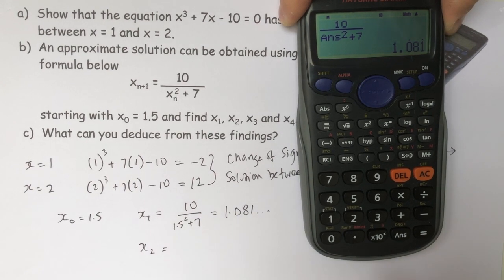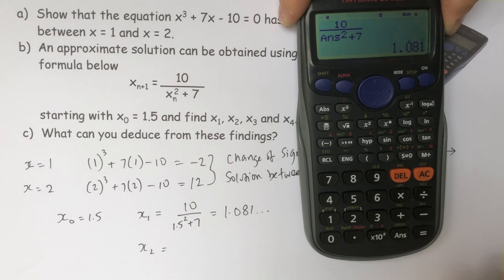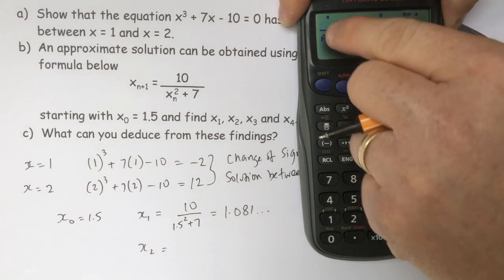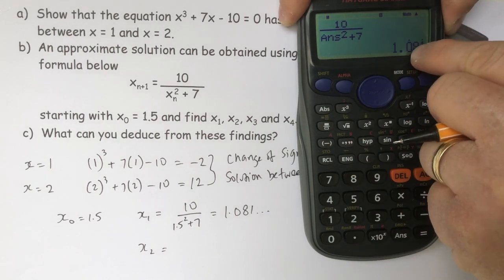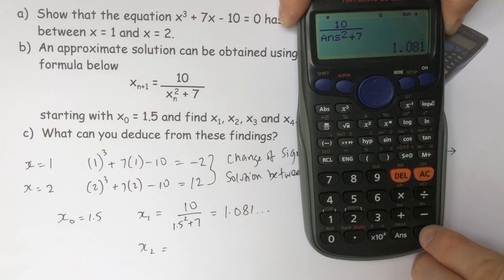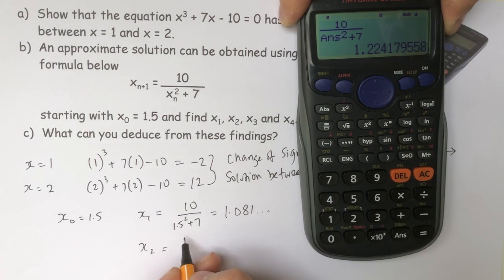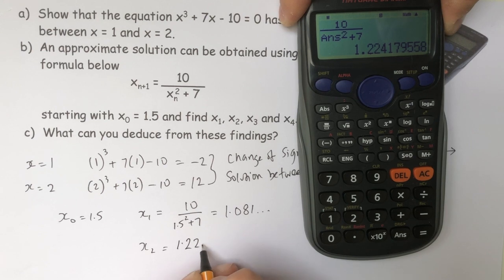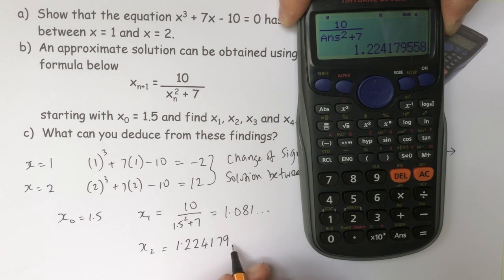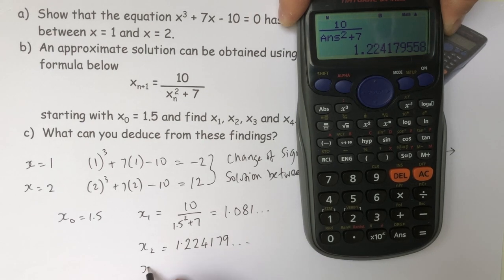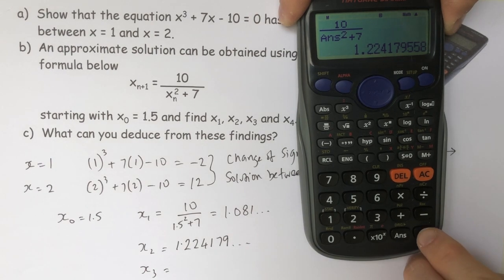To establish x2, all I have to do now is press equals again. For the simple reason I already have this displayed, and that answer is now that number. So press equals, there's my second calculated response. And it carries on. For x3, just have to press equals again.